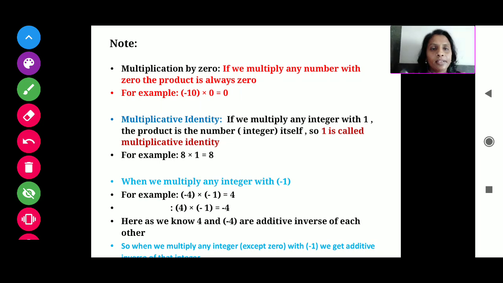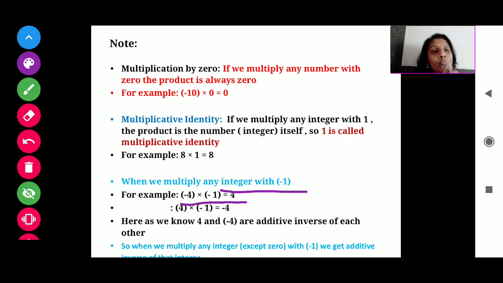Now again, when we multiply any integer with -1, what will happen? If you multiply any integer with -1, you will get the additive inverse of that integer. Here -4 multiplied by -1. The negative sign is 2 times, so your answer will not have a negative sign. It will be 4.